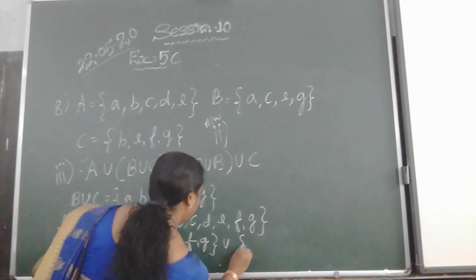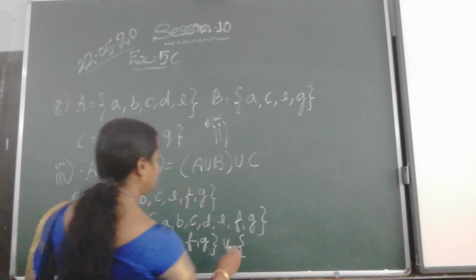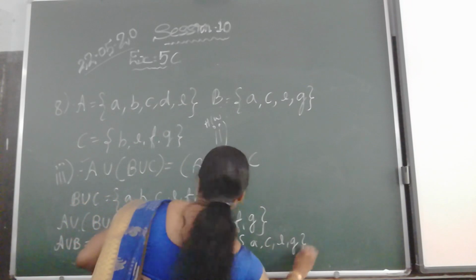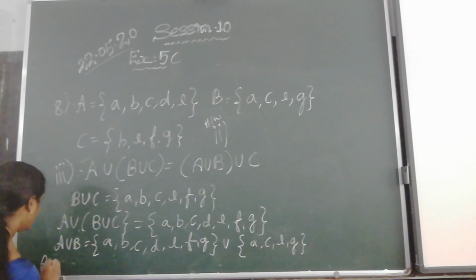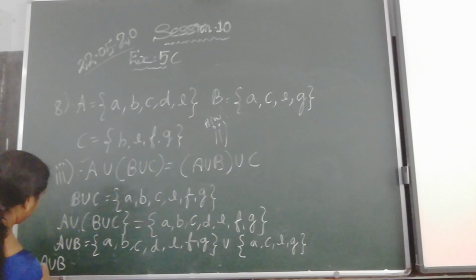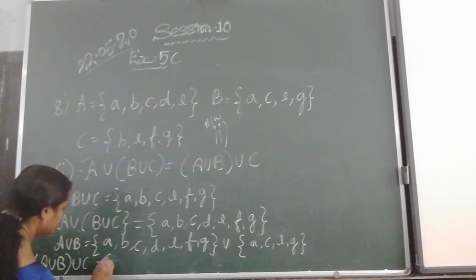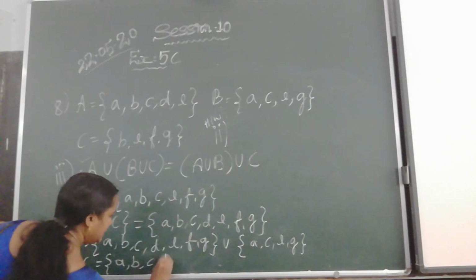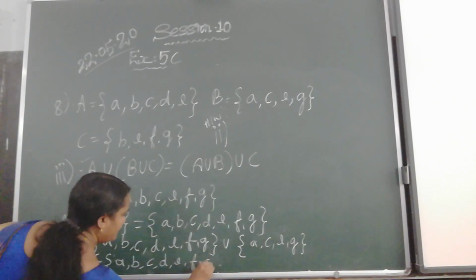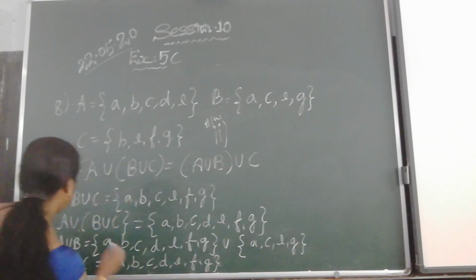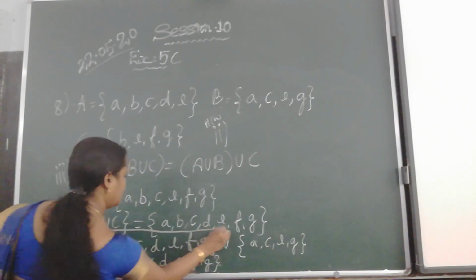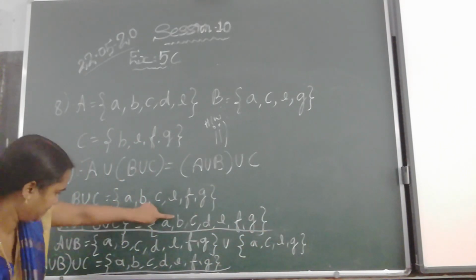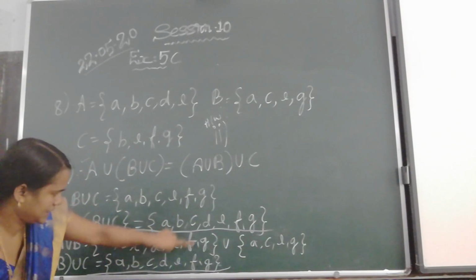That we have to compare with the C, meaning which other things we are getting from C: A, C, E, G. That means A union B union C, comparing both, we are getting A, B, C, D, E, F and G. Now you see this part and the final result, here we are getting the same: A, B, C, D, E, F, G.